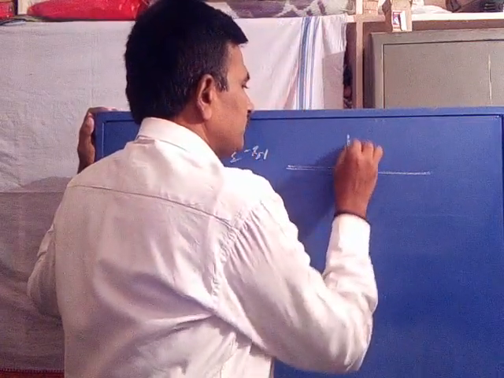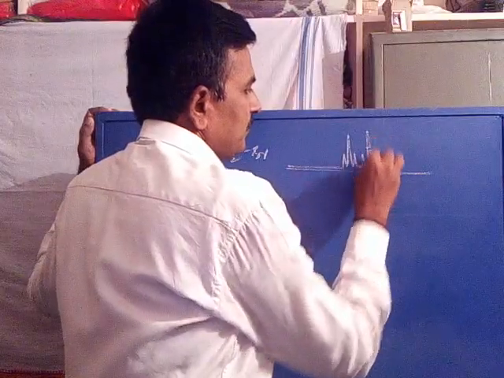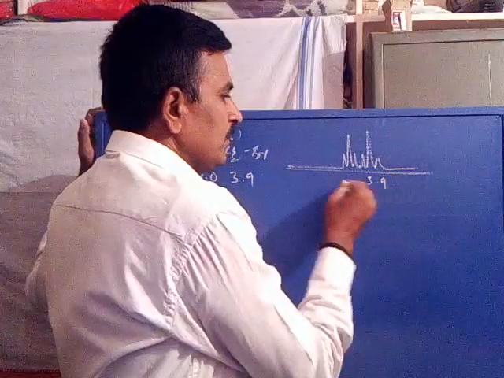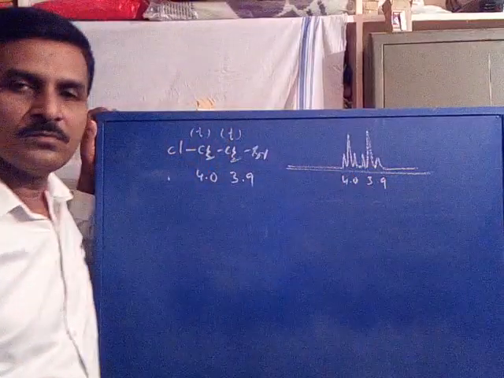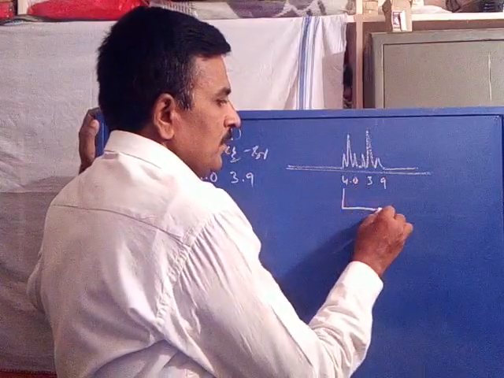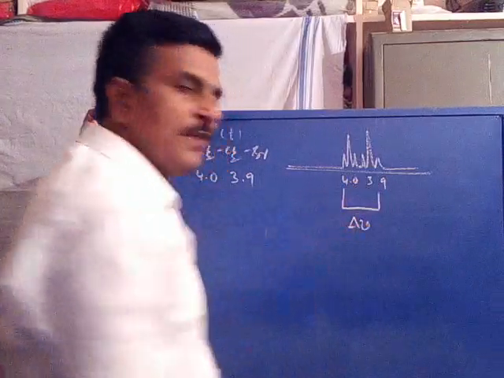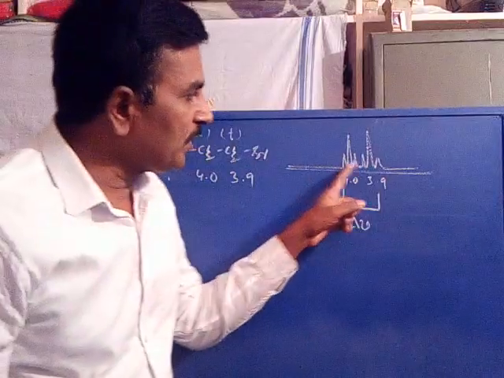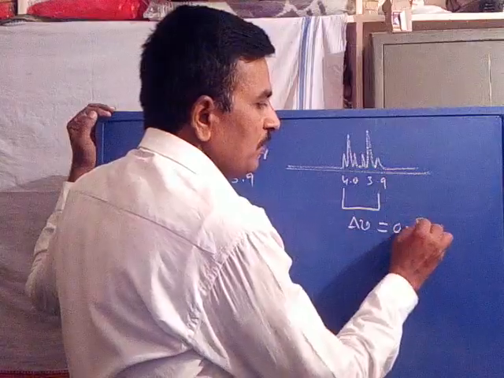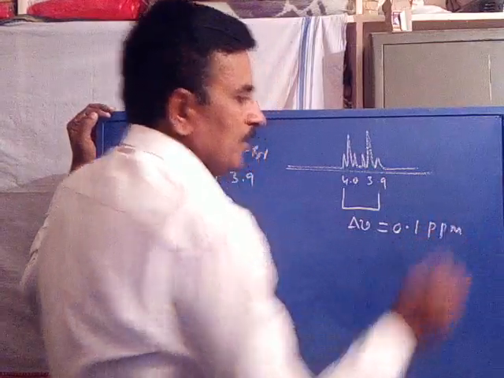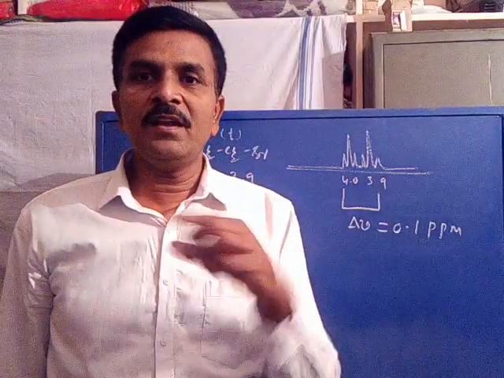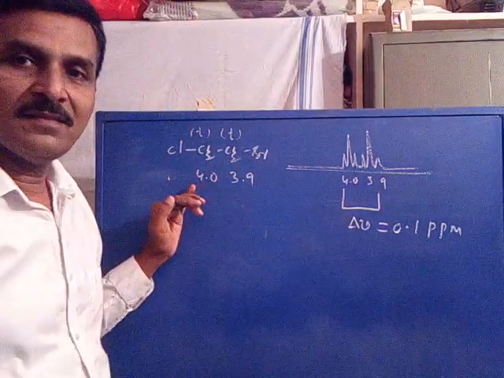One triplet, another triplet. You observe one at 3.9, the other at 4.0. What will be the difference in the frequency? That is delta nu, the frequency difference between the two sets of coupled protons. Delta nu is equal to 0.1 ppm. It is too small. The frequency difference is too small for this example.